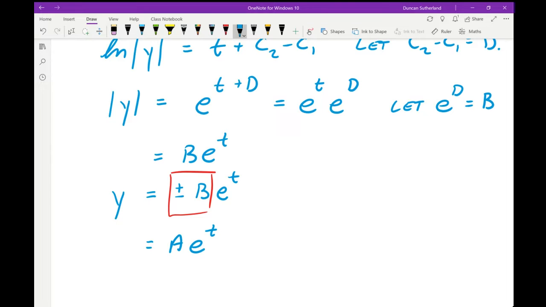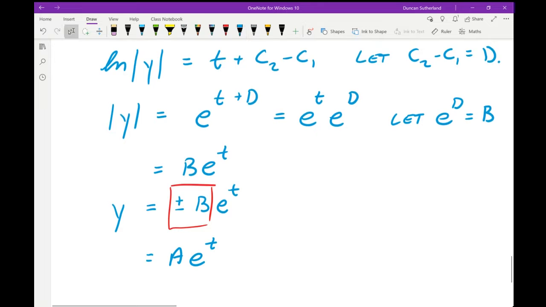If you really want to follow back what a is in terms of the original constants of integration, you can back substitute all the way through. But it's really irrelevant. One thing that happens to constants all the time is they get abused.